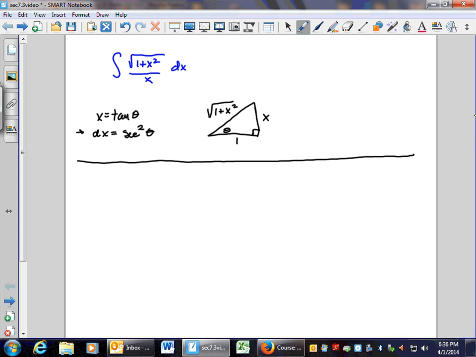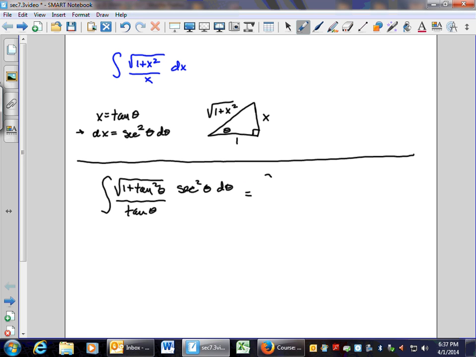Okay, so we're going to substitute, and we will have the square root of 1 plus the tan squared of theta over the tan of theta. And we're going to substitute for dx. Oops, forgot a d theta here. So dx is going to be secant squared theta d theta. Very important that you don't forget to substitute for dx.